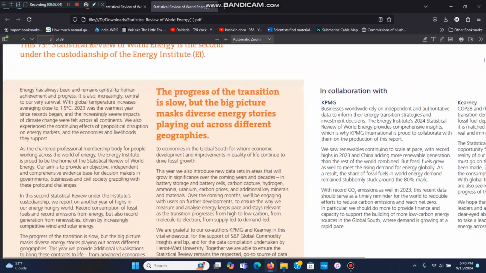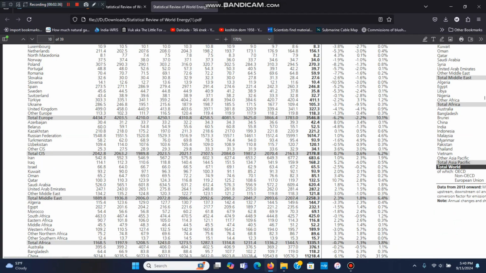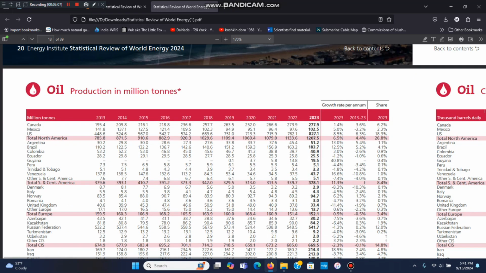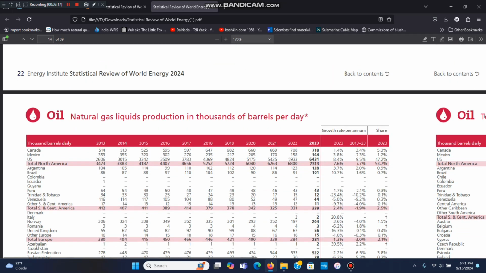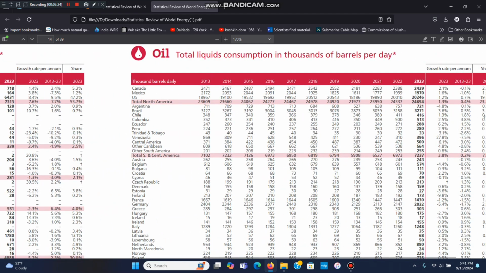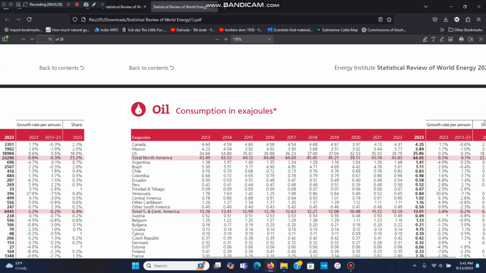So they'll have all kinds of stuff, including a full country by country breakdown table for CO2 emissions. And past that, you have the oil production stuff broken down in different types: 1,000 barrels per day, million tons per year, per annum, so that's per year. And then further down, it breaks it into different categories, like natural gas liquids versus total liquids versus regular crude.